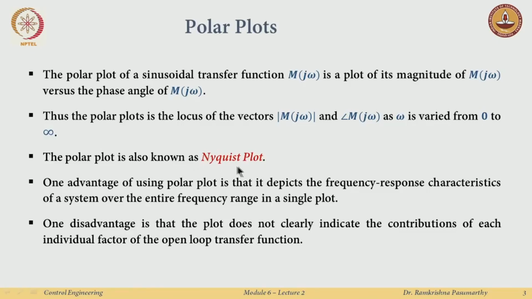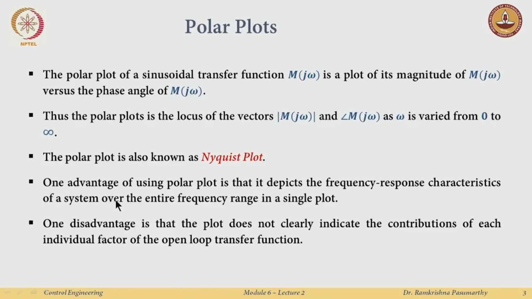The only thing we have to be careful about in the Nyquist plot, as we will see shortly, is that we also deal with negative frequencies, and I'll tell you why that is important. So why do we need this polar plot? The advantage is that it depicts very nicely the frequency response characteristic over the entire frequency range in one single plot.